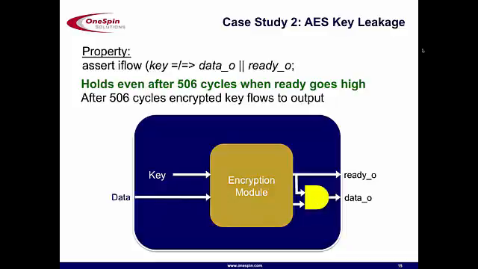So after this, it takes 506 cycles for the encryption to run, and then after that, the key is encrypted inside the data, so it's okay that it's on the output after that. Again, it's a simple case study, but it shows that a simple property here and there can spot very complex issues and problems.